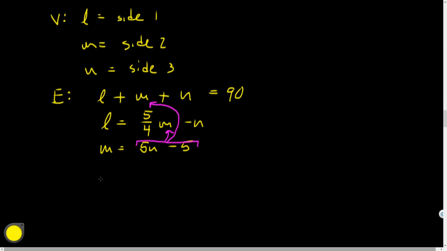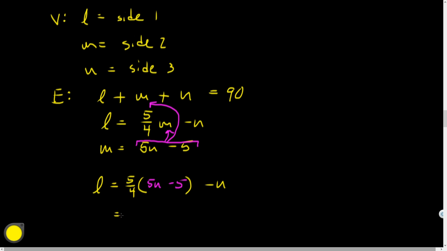Tell you what, we'll do a little bit of work on this. I'm going to plug it in for this one first. L equals 5/4 M minus N. And I get 5N minus 5.